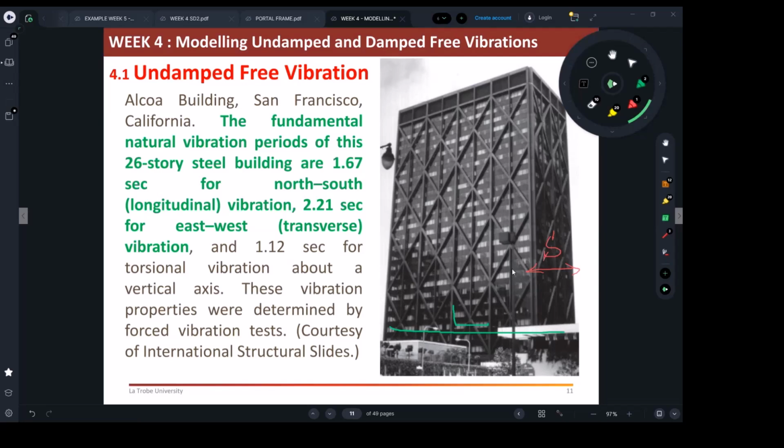So this is actually the east-west. Along the green color here, this is the north-south, because that's the stiffer direction.